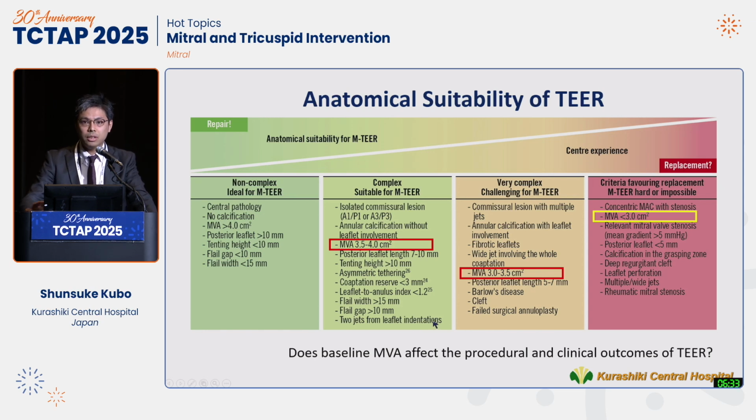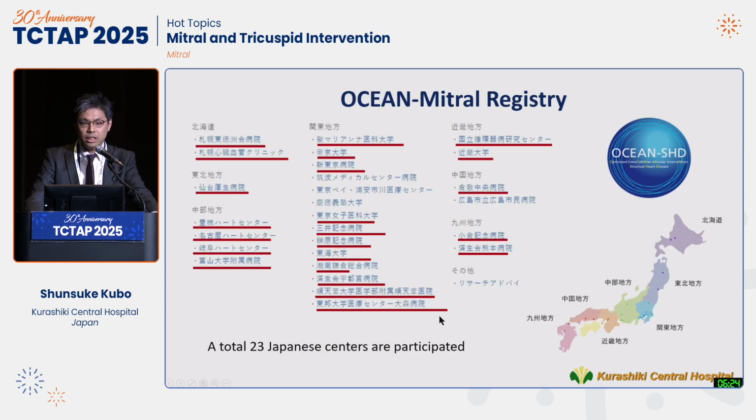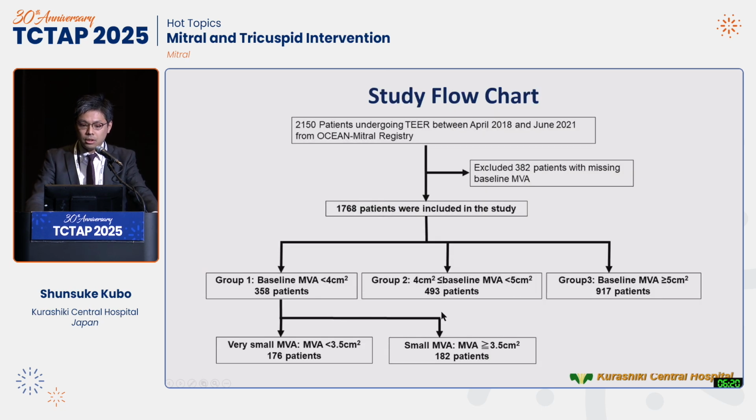But there is no data about the association of the baseline mitral valve area with procedural and clinical outcomes. Therefore, we conducted a study using the OCEAN Mitral Registry. This is the study flowchart. A total of 2,150 patients were classified into 3 groups.